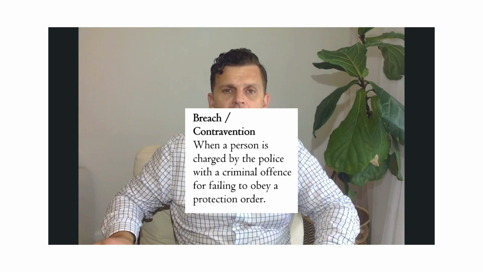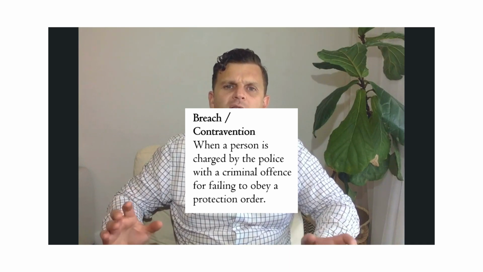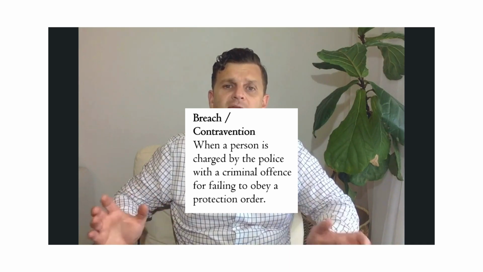So, the effect of a domestic violence order is to make behaviour or actions that would not ordinarily be criminal offences into criminal offences. For example, if there's a domestic violence protection order in place, then bad behaviour towards that person could be a criminal offence, or domestic violence towards that person could be a criminal offence.